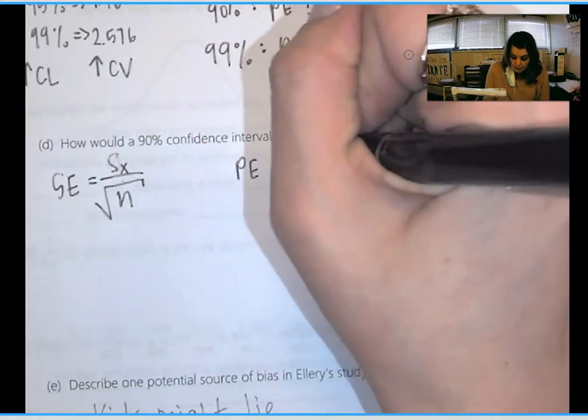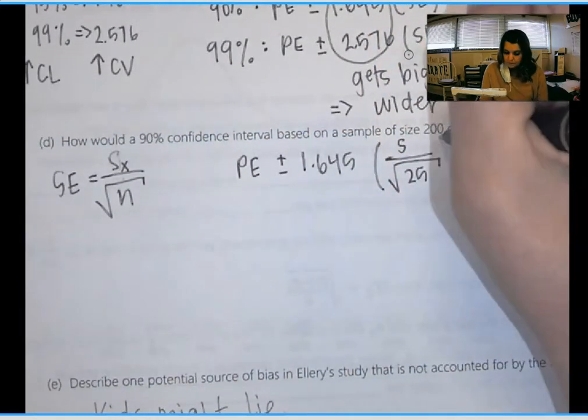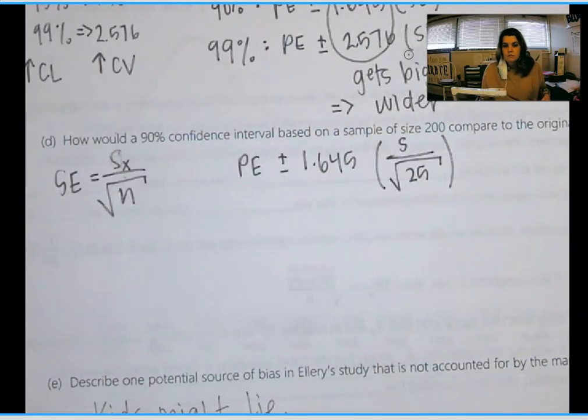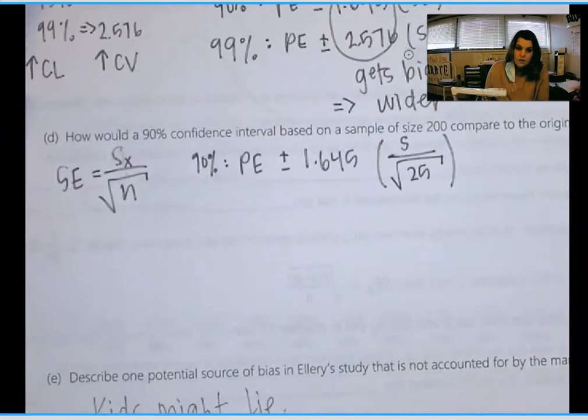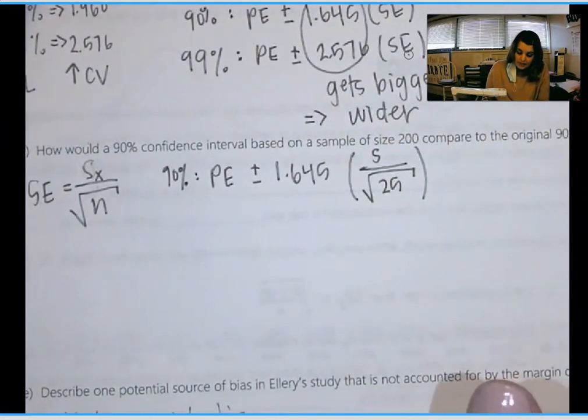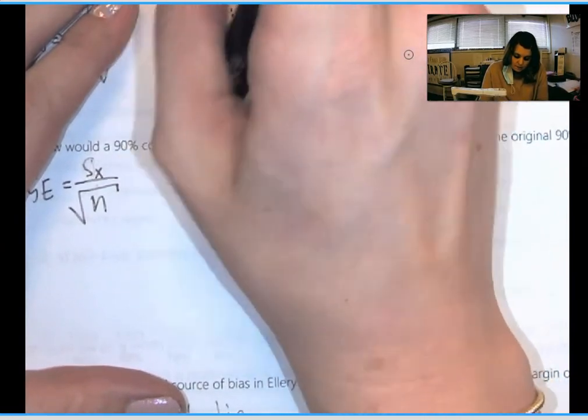So we have our point estimate plus or minus our critical value of 1.645 times whatever S is divided by root 25. So that's for your 90%. Sorry, not 90%, I apologize.